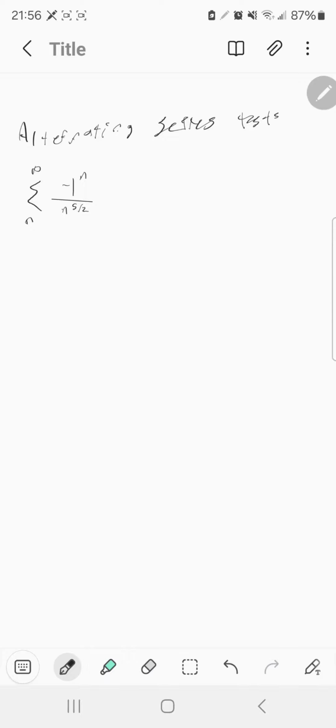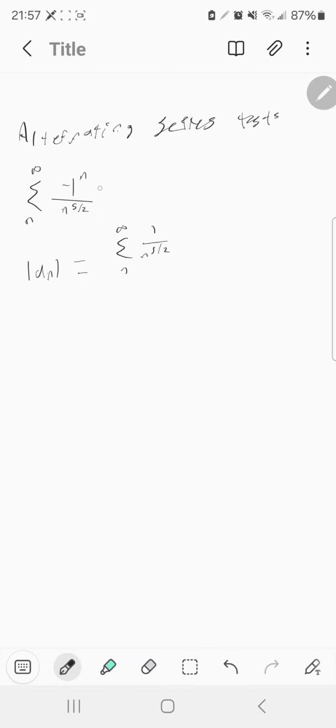Now, the idea is we see if the series of the absolute value of a_n converges. So the absolute value of a_n would be the sum from n equals 1 to infinity of 1 over n^(5/2).